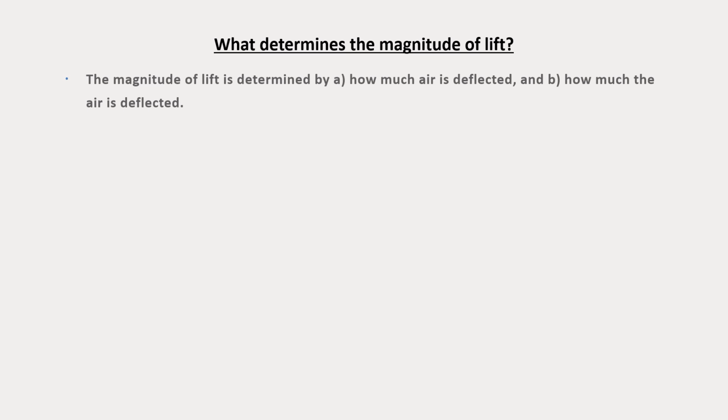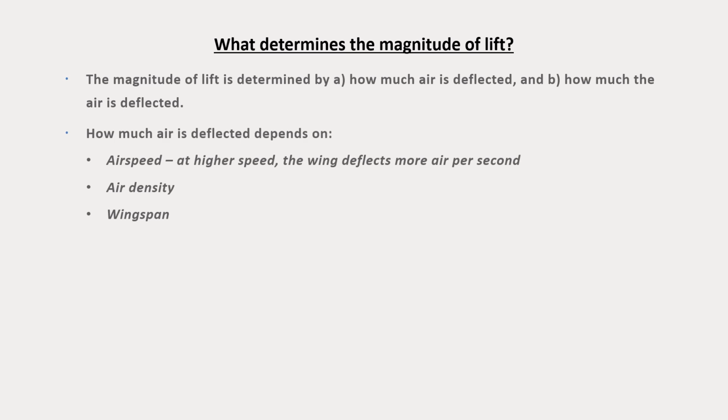So what determines the magnitude of the lift when we think about it in second law terms? Two things. How much air are we influencing, and how much are we deflecting that air? When we think about the amount of air that we're influencing, it's like the wing influences a tube of air.